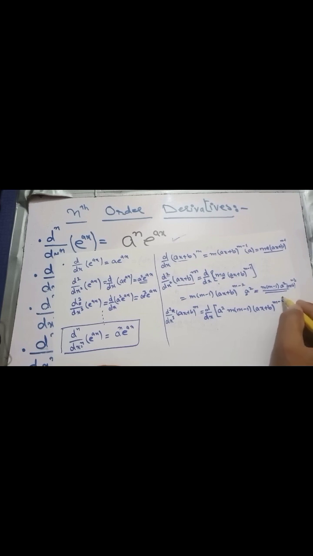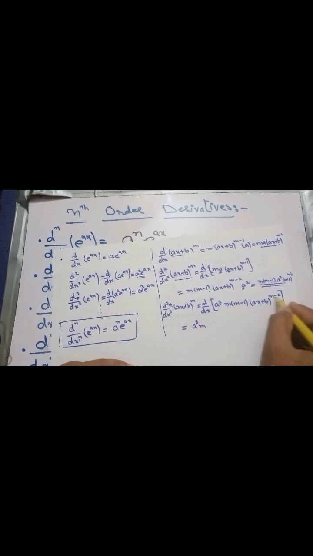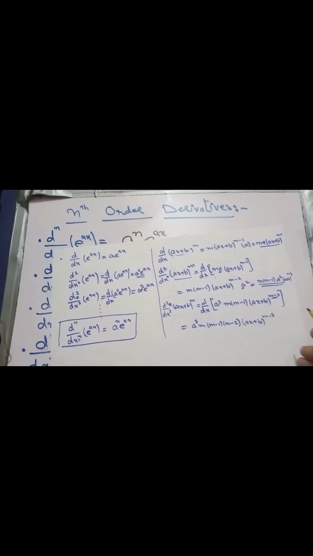So what we get is that a square is increased to a cube, the new power comes at the start, and the power in the original function is 1 less, so m minus 3 instead of m minus 2.